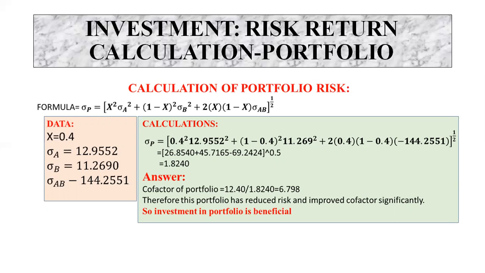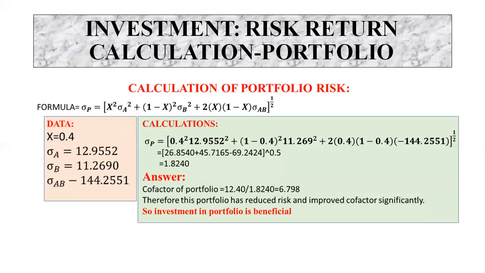Therefore, the new portfolio which has been developed has a return of 12.40 and risk of 1.8240. So if I calculate the cofactor, it is 6.798, which is much higher than the cofactor of security B, which we had selected for investment. For security B it was about 1.11, whereas it is 6.79.